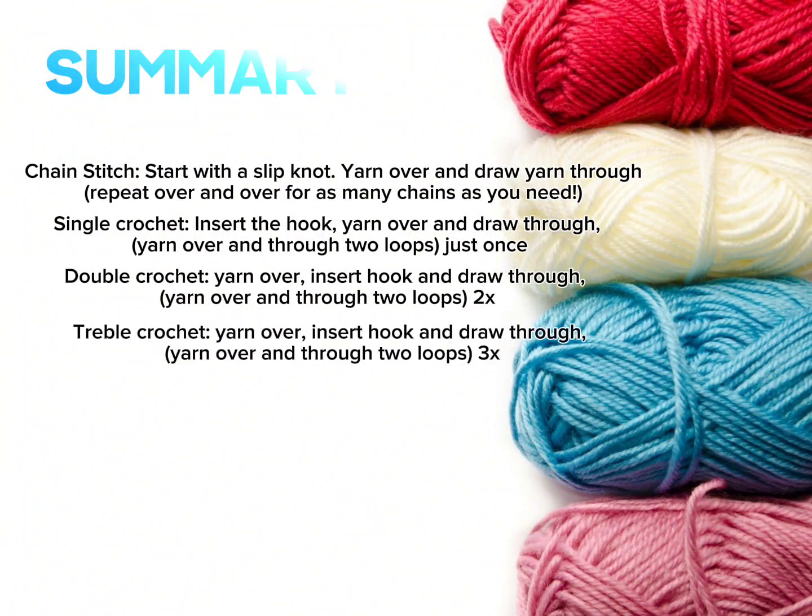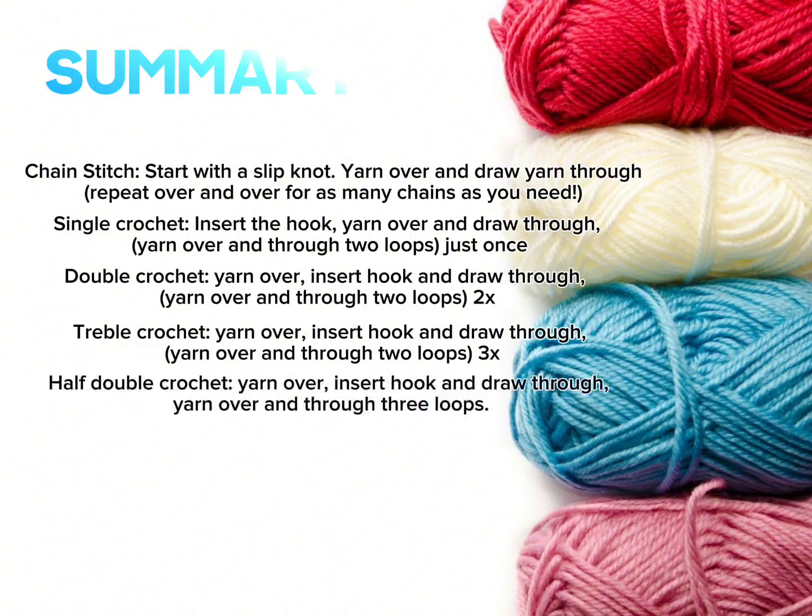For the treble crochet, yarn over, insert hook and draw through, yarn over and through 2 loops 3 times. For the half double crochet, yarn over, insert hook and draw through, yarn over and through 3 loops. For the slip stitch, insert the hook, yarn over and draw through.